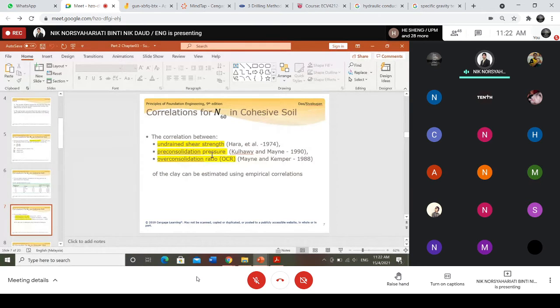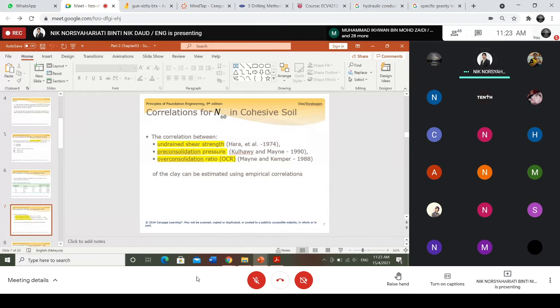So this, we call it mechanical properties or mechanical data, the one that unfortunately you didn't have time to carry out in the lab. You can get it based on the N60 value only. So for each of the equations, you can refer to your Mindtech textbook. In there, everything is included, right?